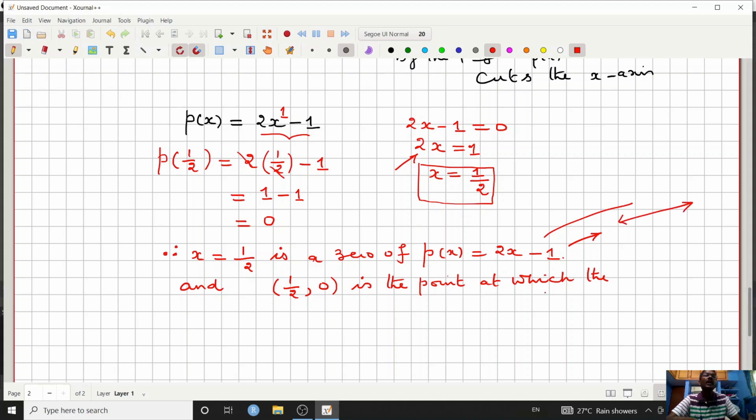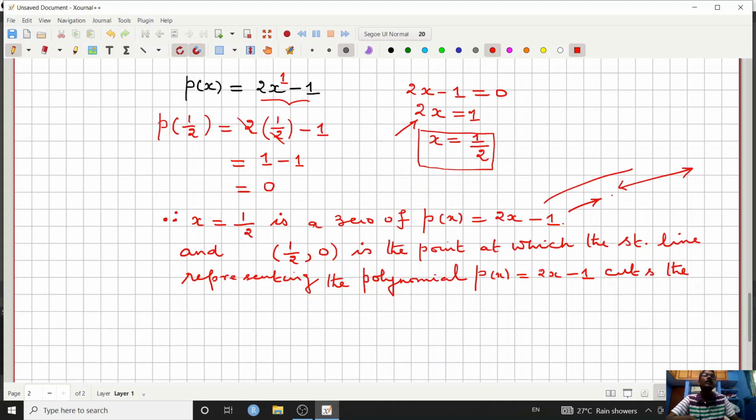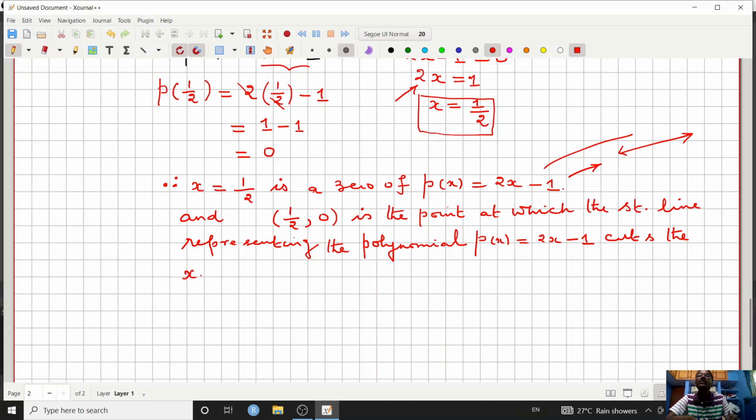That straight line representing the polynomial, which polynomial? The polynomial p of x is equal to 2x minus 1, cuts the x-axis. So this is the geometrical meaning, cuts the x-axis.